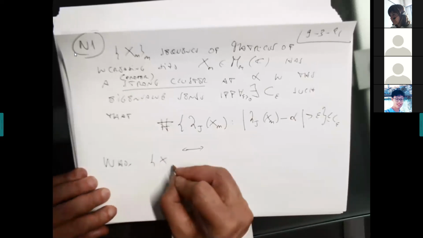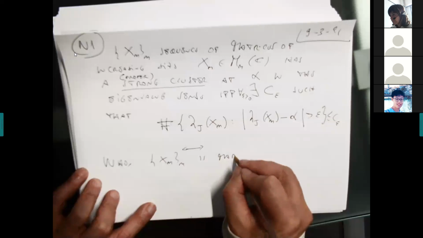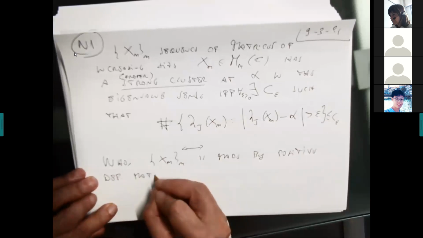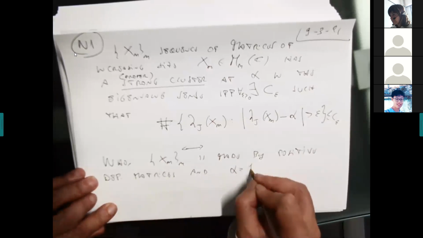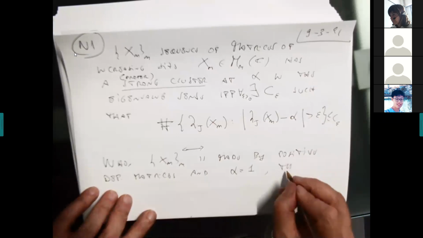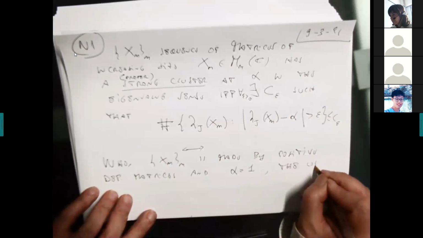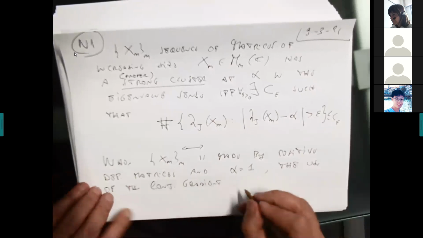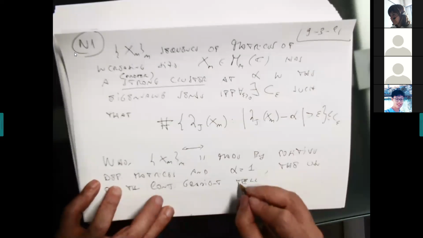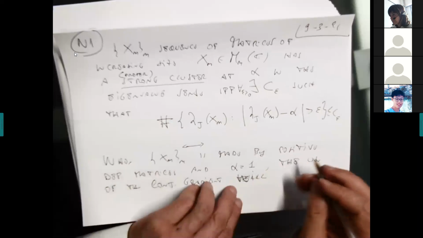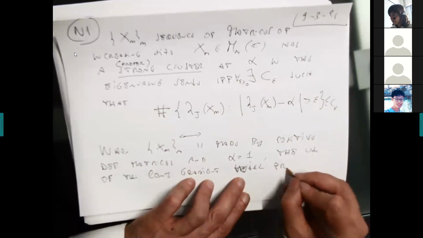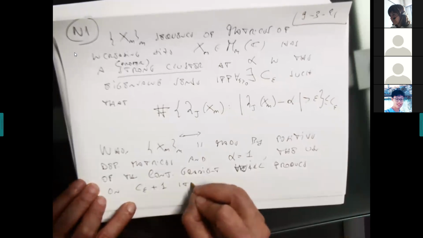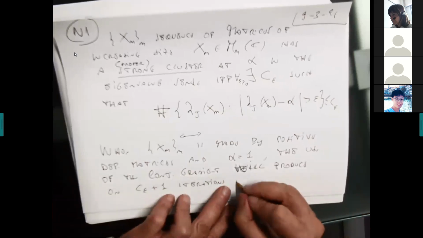When Xn is made by positive definite matrices and alpha is equal to 1, the use of the conjugate gradient will produce only C epsilon plus 1 iterations for convergence.